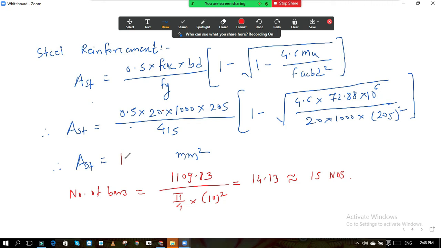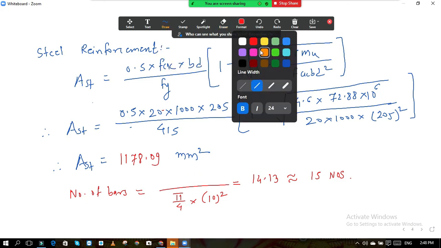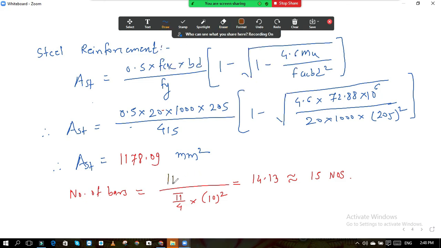If this value changes, then this number of bars will also change. It is 1178.09.